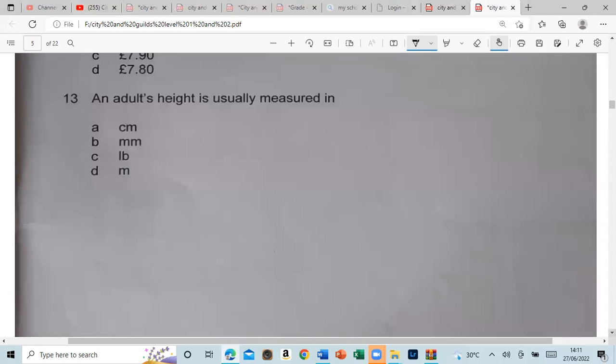An adult's height is usually measured in A, centimeter, B, millimeter, pound, or meter. And that would be centimeter.